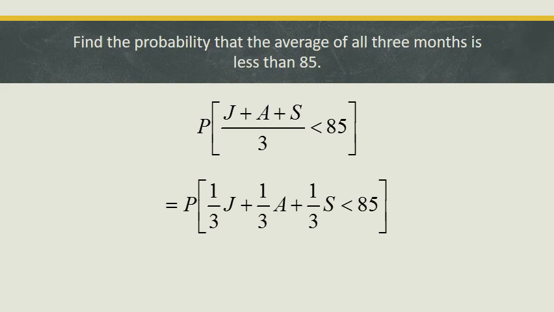But now we can see that the coefficients are in front of each variable. We're going to find the distribution of this expression. And since these variables are all normal, the result will be normal as well. We just have to figure out its mean and variance.